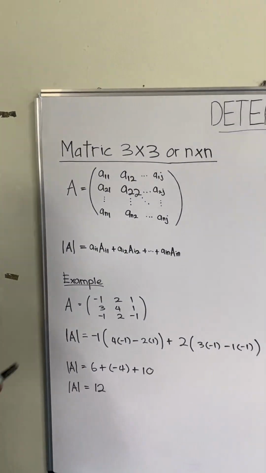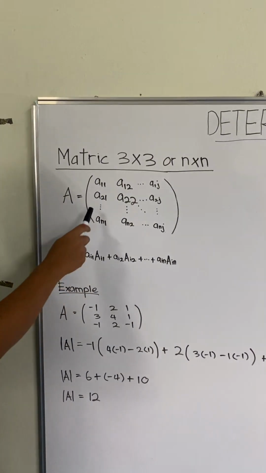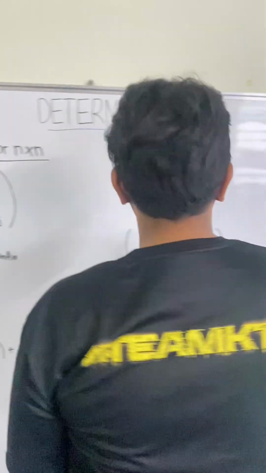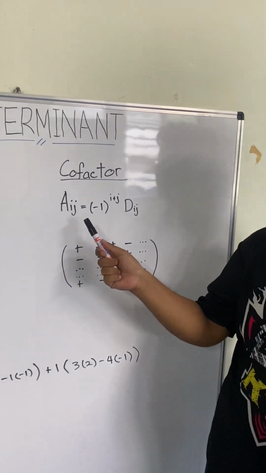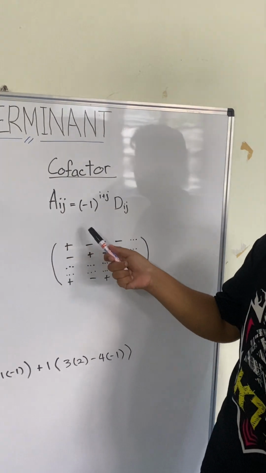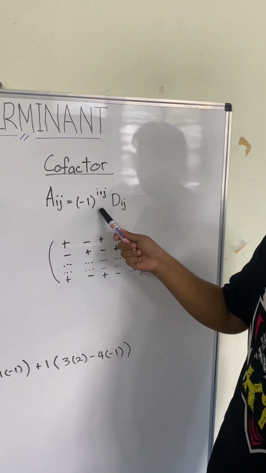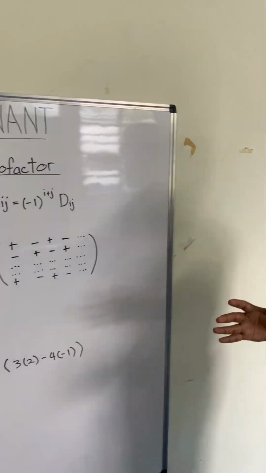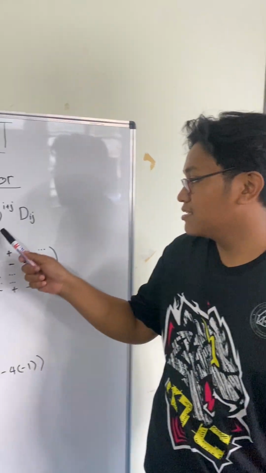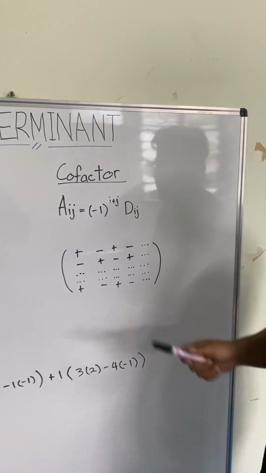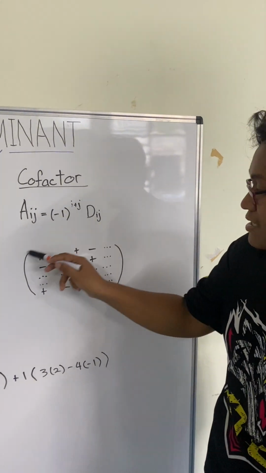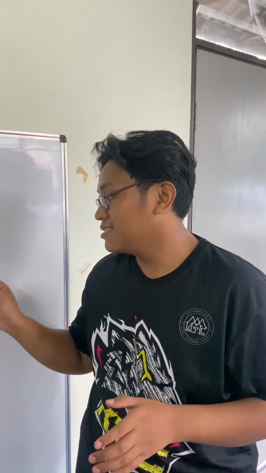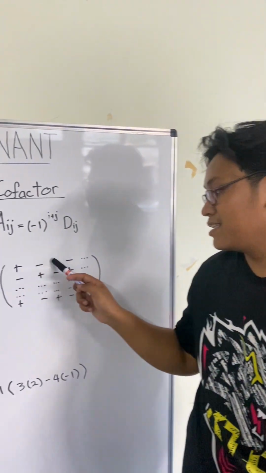For example, here is matrix A. This is the minor of matrix A. Maybe you don't understand this way, so I will show you the cofactor: Aij equals negative 1 to the power of i plus j times Mij. To make i plus j easier to understand, we can use this table, so we can know whether the operation is plus or minus.